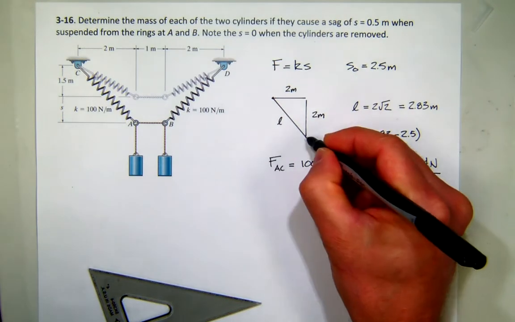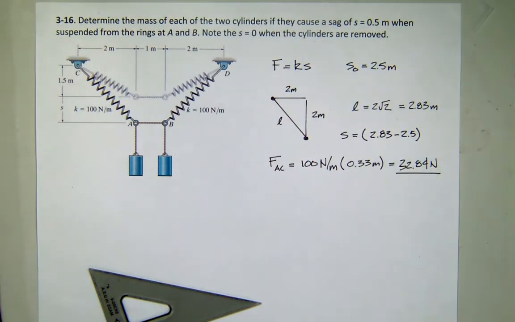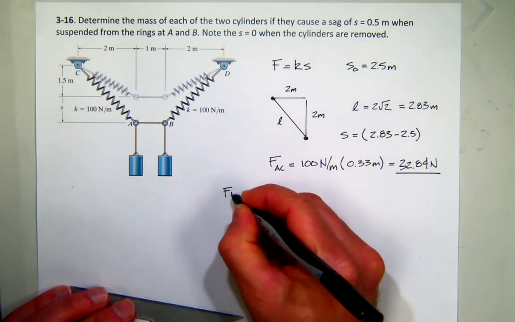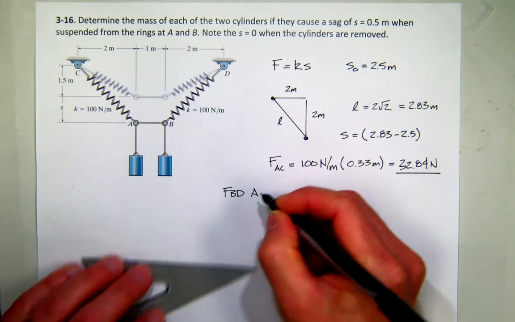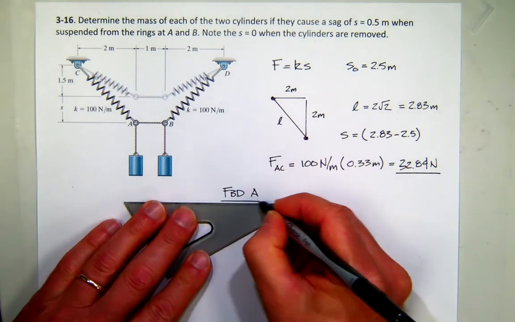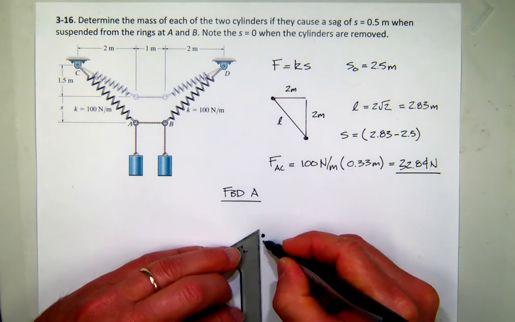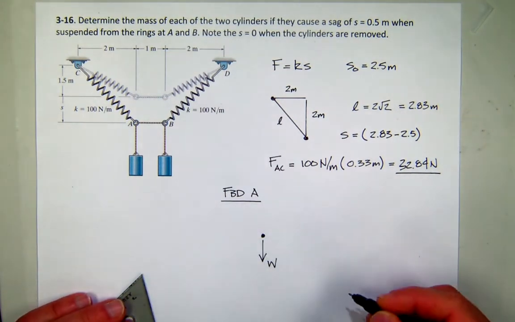Now it's just using what we knew about our spring. So what would be the weight of the cylinder? Well, now I can actually come down here and draw a free-body diagram of point A. So here's point A. What's acting down is, let's just call it weight.